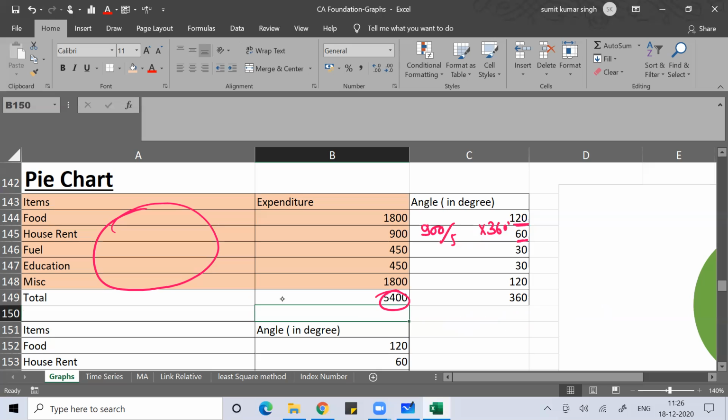In a circle, the total angle is 360 degrees.